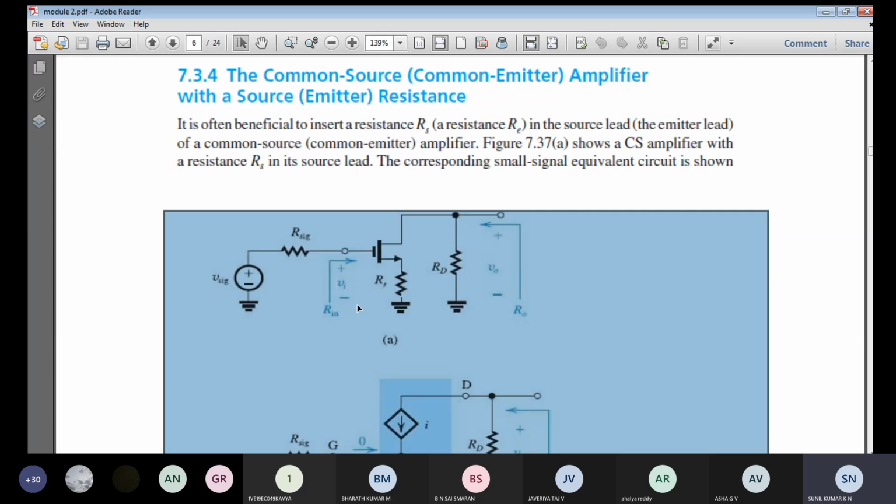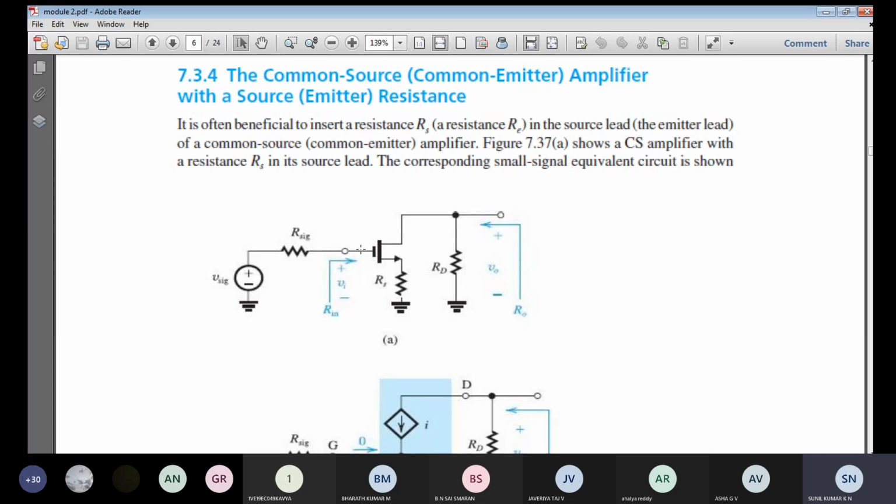Now is the input voltage the same as VGS? No. Here the gate voltage is there, and here the source voltage is there, so the effective input voltage Vi will be equal to VGS plus Vs. That means the effective input voltage is the sum of the gate to source voltage plus the source voltage.